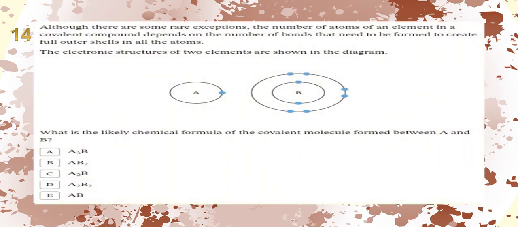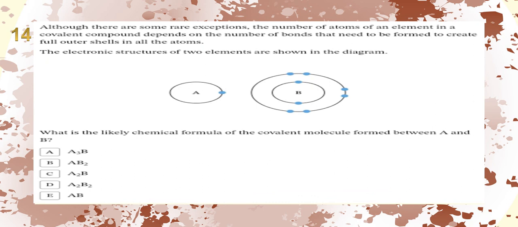This is the last question of our group today. Although there are some rare exceptions, the number of atoms of an element in a covalent compound depends on the number of bonds that need to be formed to create a full outer shell in all atoms.